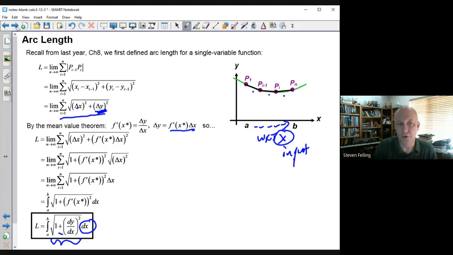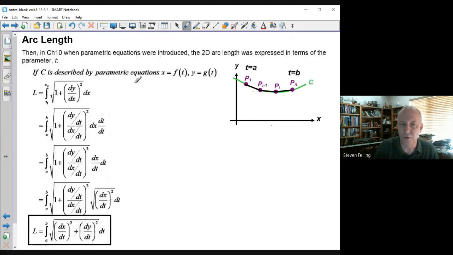And then later in AP Calc BC, when you talked about parametric equations, it was chapter 10 in the Stewart book. You could represent a function where y and x are both functions of this new parameter t. So x is a function of t, y is a function of t, and now we integrate from the parameter t equals a to the point where t equals b, adding up those things.